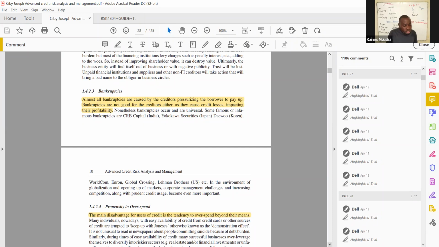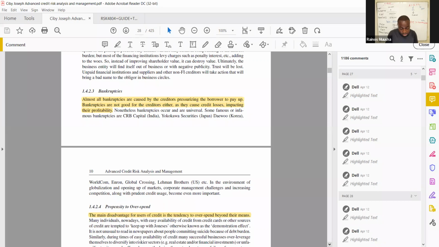But in most cases, if the company is declared bankrupt, you will see that what the lenders end up getting is a lot less than what they initially gave you as funding. So bankruptcy negatively affects both the lender and the borrowers as well.